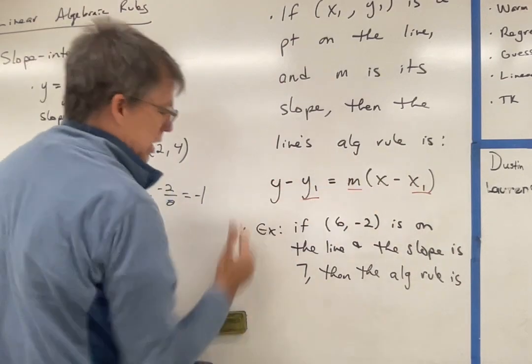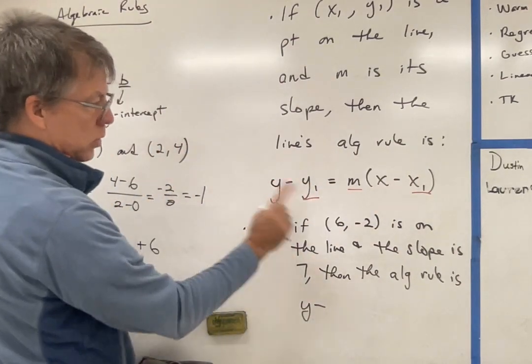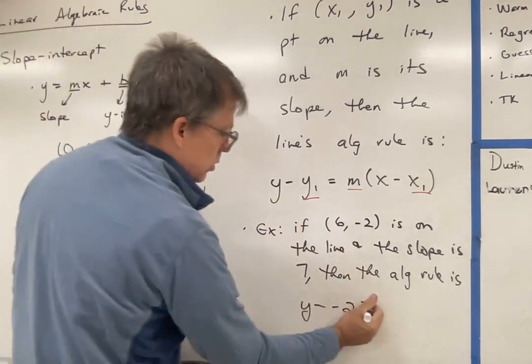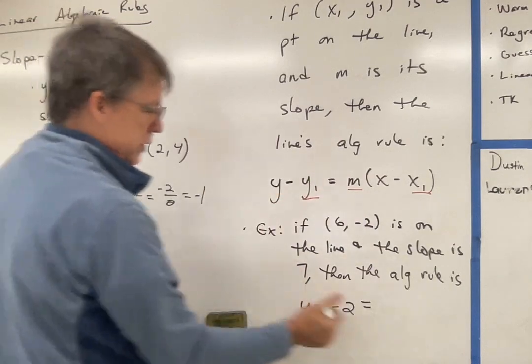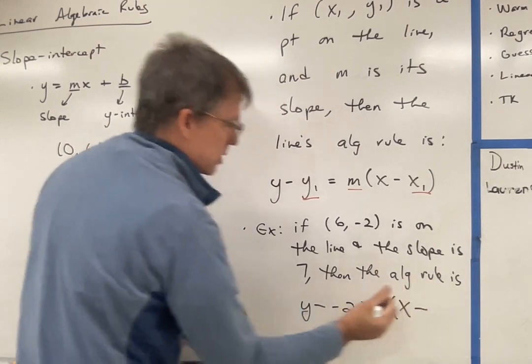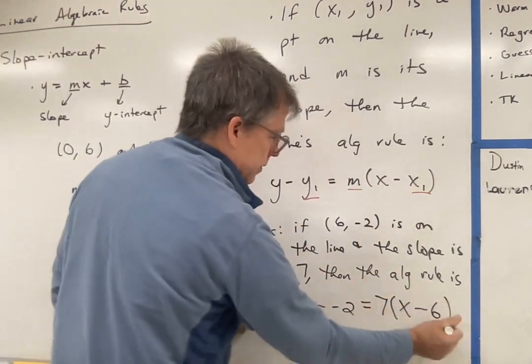We have 3 slots to fill in. So I'll have y minus, but what is my y coordinate? It's negative 2. Bam. Equals, here goes another slot. What's my m? It's 7. Shazam. And then x minus, what's my last slot here? It's just 6.